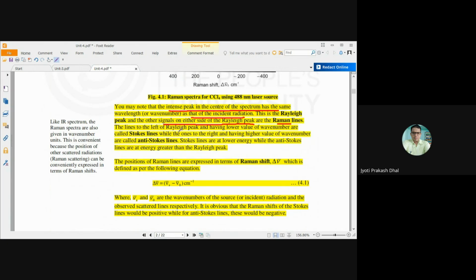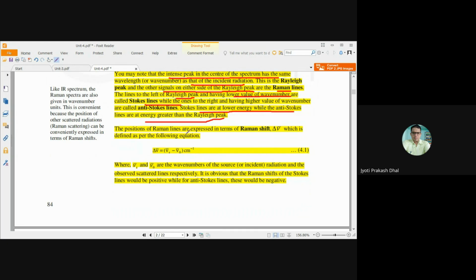The lines on the left side of the Rayleigh peak having a lower value of wave number than the Rayleigh line are called Stokes lines, and the lines having a higher value of wave number than the Rayleigh line are called anti-Stokes lines. So Stokes lines are at lower energy while the anti-Stokes lines have greater energy than the Rayleigh peak.